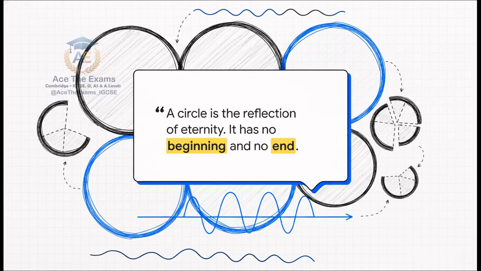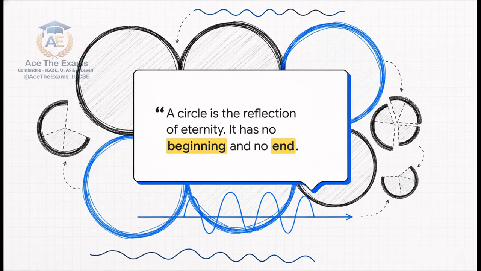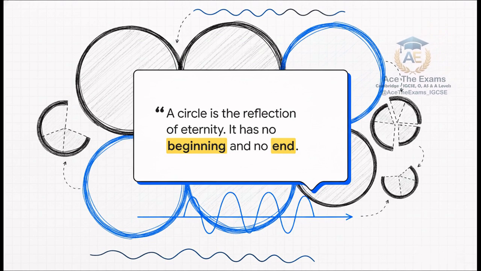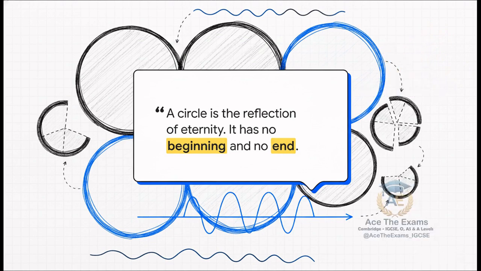But mathematically, to calculate an area or a perimeter on an exam, we can't just write down, "it's eternal." We have to measure it. And historically, to do that, humanity decided to slice this perfect shape up into completely arbitrary little pieces called degrees. When students like Sam try to rush through questions involving circles, they just blindly punch 360 into their calculators because it's what they've been taught since primary school.